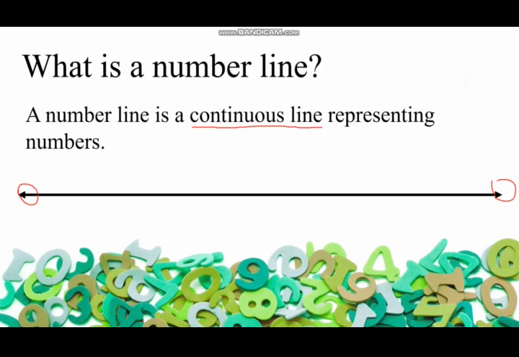but it represents numbers, right? So how does it represent numbers? Let me show you. So this is a number line, okay. This is the continuous line आप बनाओगे, and then we will denote numbers.